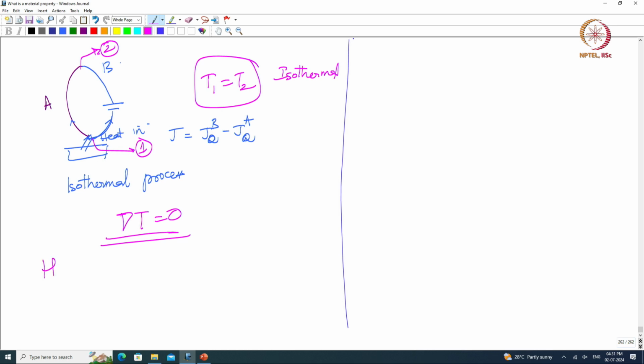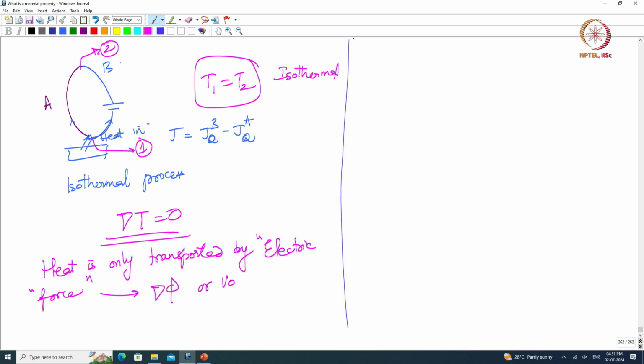So heat is only transported by electric force, right. So that is nothing but del phi or voltage.